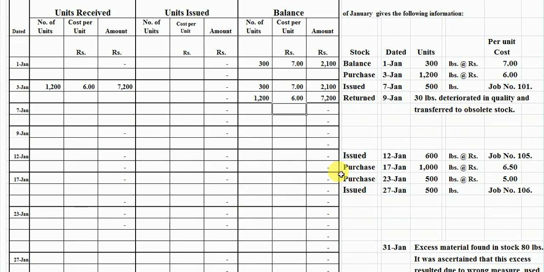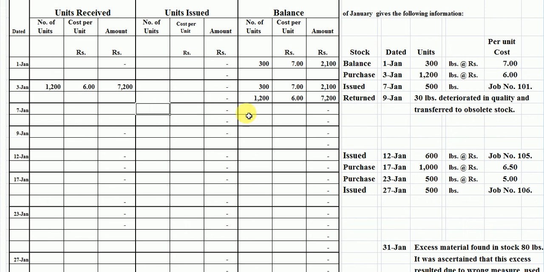Now students, we issued 500 pounds to production. The job number is 101. Now we move to the units issued column to record our material issued to production. Student, this is the LIFO method.